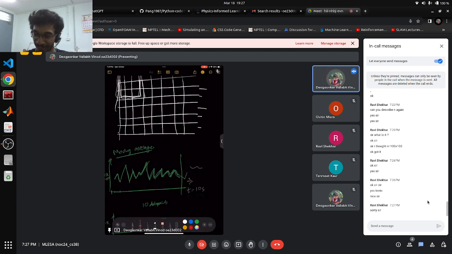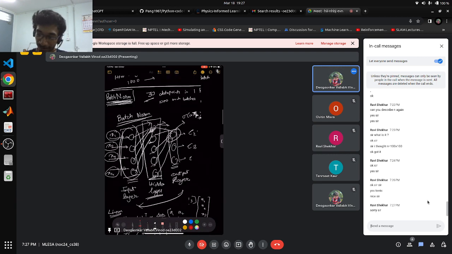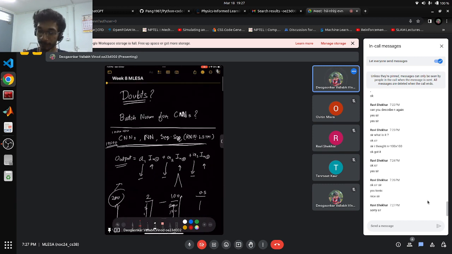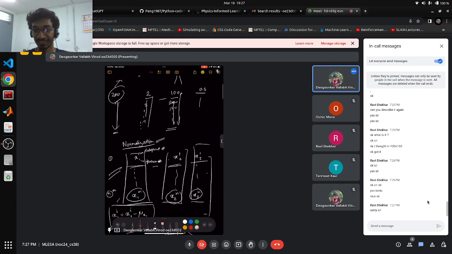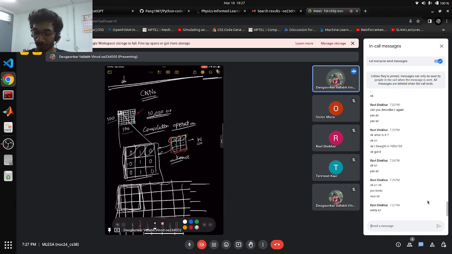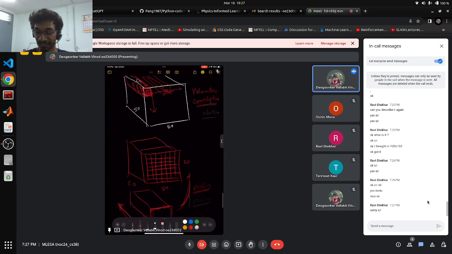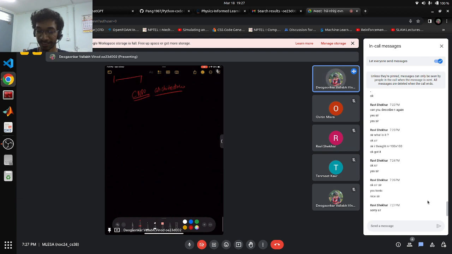We started with the question of batch normalization. So we wanted to talk about batch normalization for CNN. In case of CNN, one way of doing batch normalization would have been, let's say my data set had 30,000 images, and I grouped them into batches of 30.